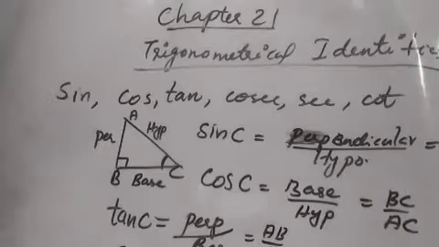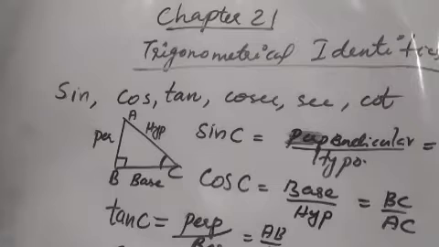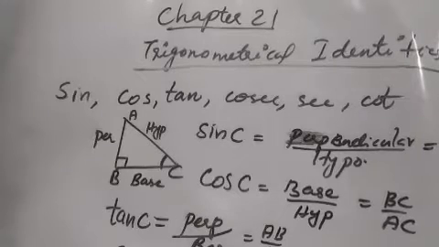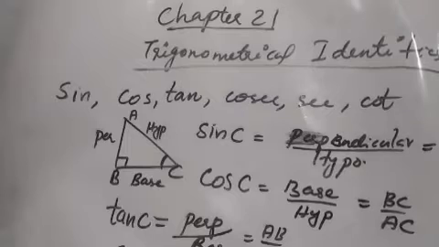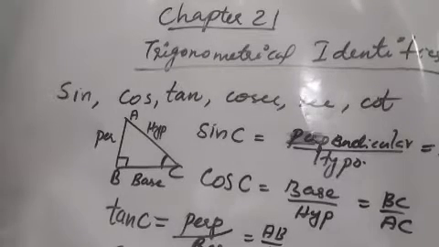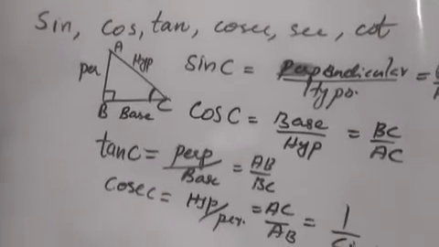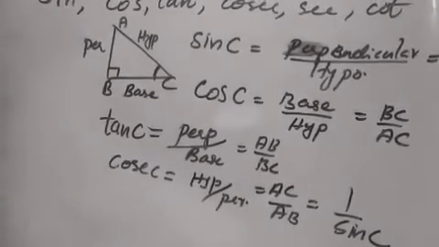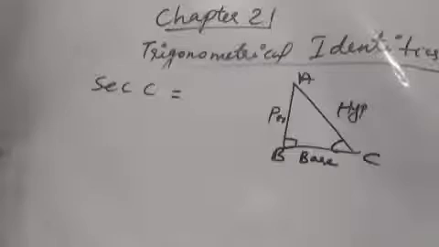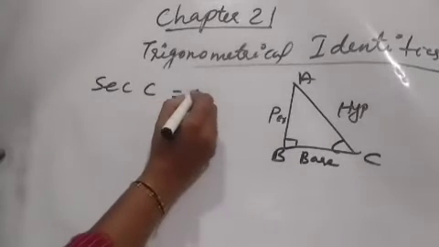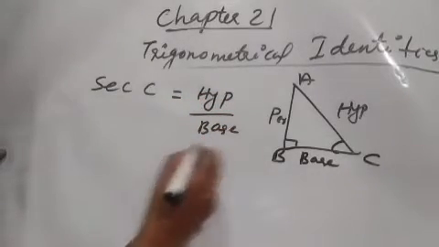Cosec, yes, it is hypotenuse by perpendicular. That is AC by AB. You can see that it is the reciprocal of sine C. Next is sec C. It is the ratio between hypotenuse and base.